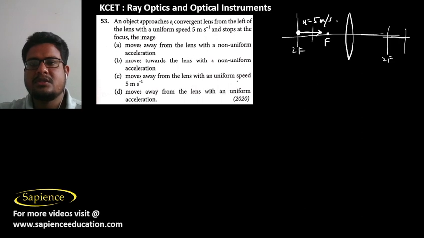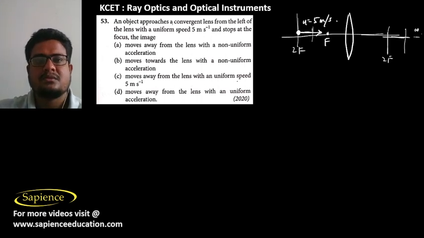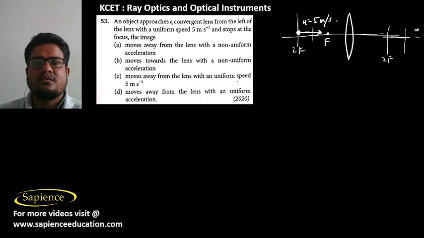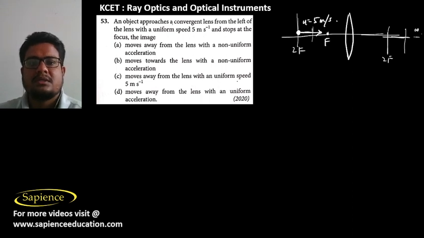When it reaches the focus, then the image will move towards infinity. So the object approaches a convergent lens from the left with a uniform speed of 5 meters per second and stops at the focus.